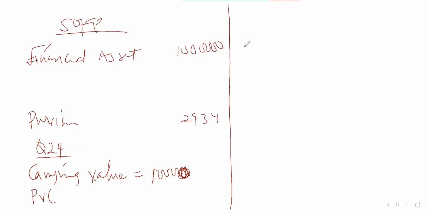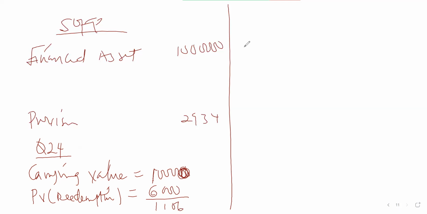So the present value of the redemption amount. We use the original effective interest rate, not the 8%. We use the original interest rate. So that will be 6,000 divided by 1.06.